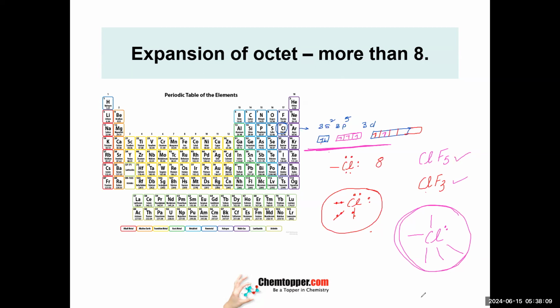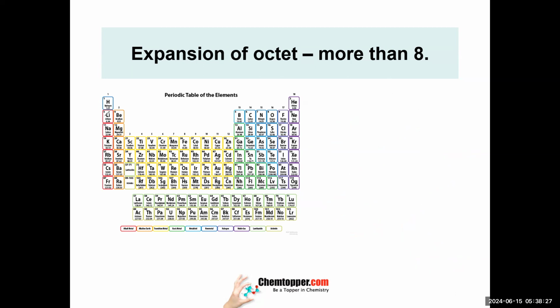Now answer my question. For expanded octet, what is needed? Elements can show expanded octet if they have empty d orbitals. And from where do we get the empty d orbitals? We start getting empty d orbitals after the second period.